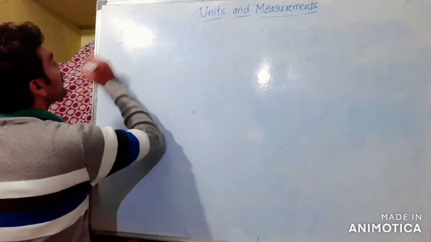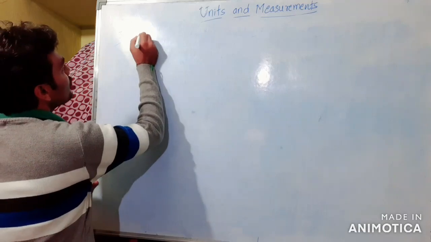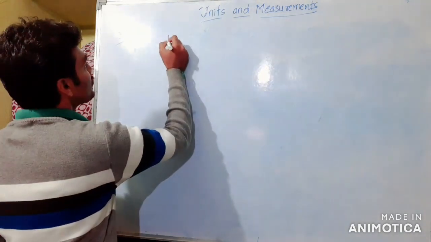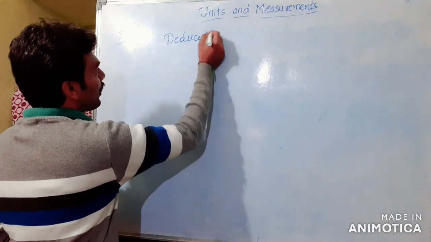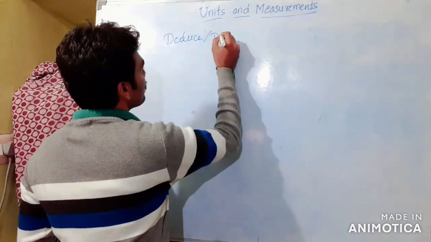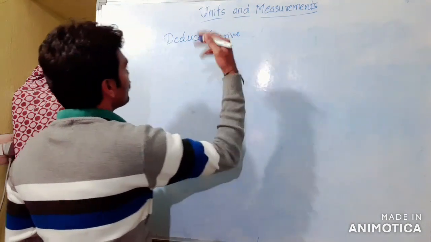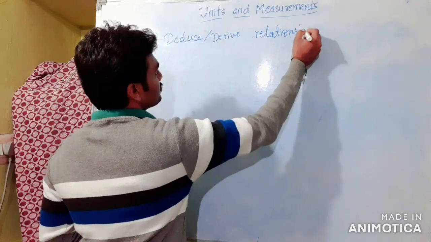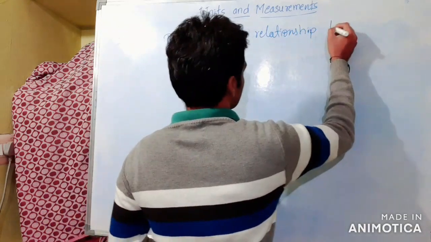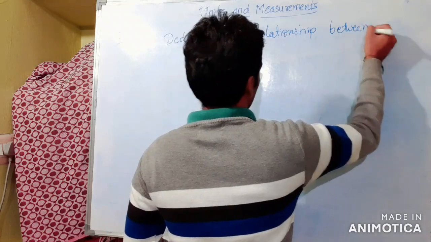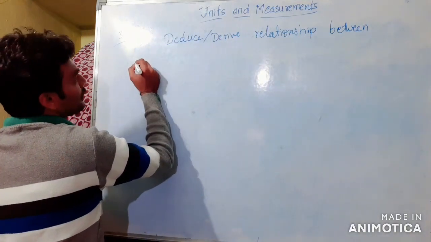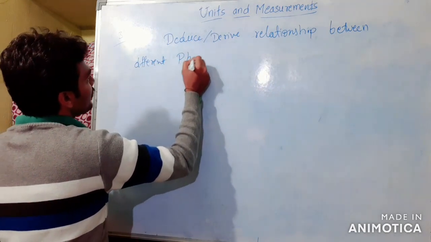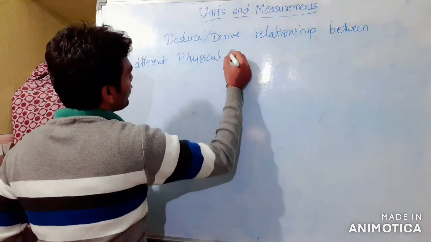The third application of dimensional analysis is that it can be used to deduce or derive, both are fine, you can write either, the relationship between different physical quantities.